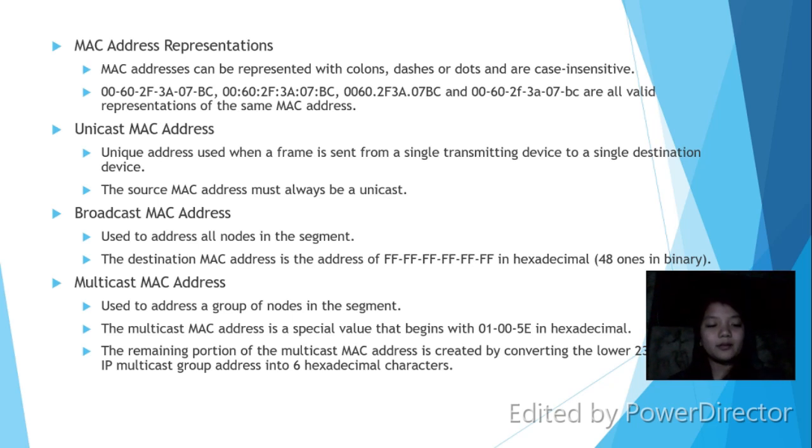The remaining portion is created by converting the lower 23 bits of the IP multicast group address into 6 hexadecimal characters.